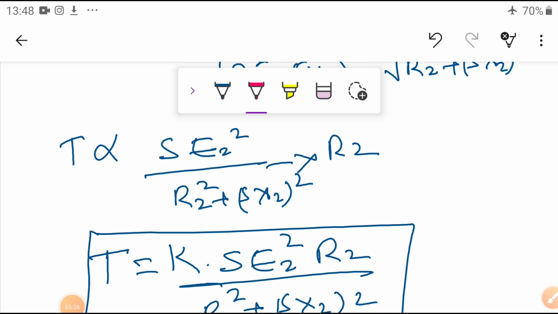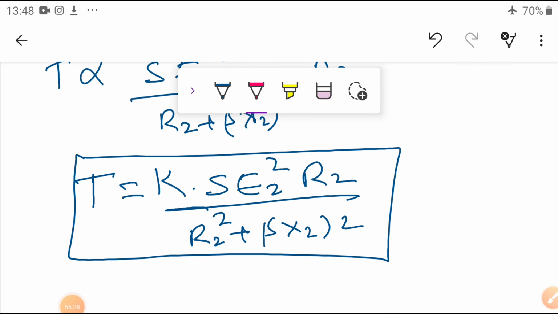The final equation: torque is equal to some constant into S into E2 square by R2, where K is a constant we already know.